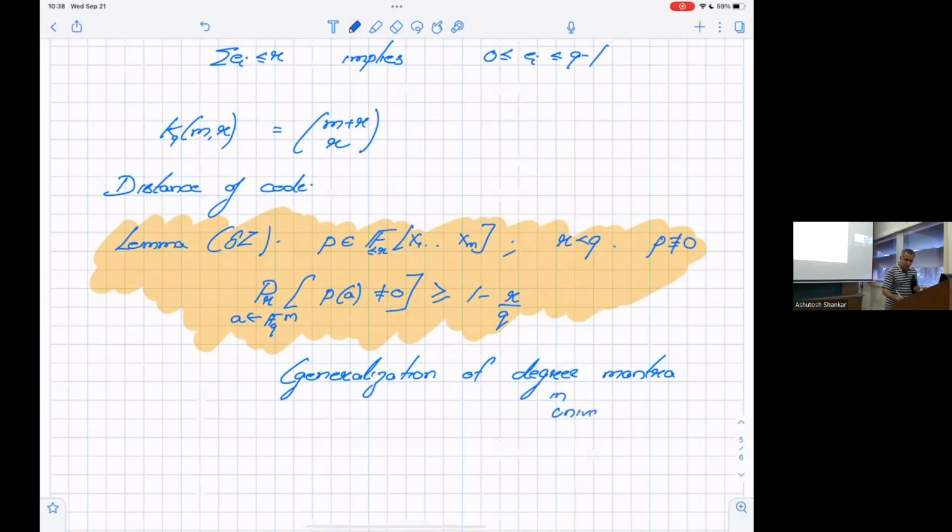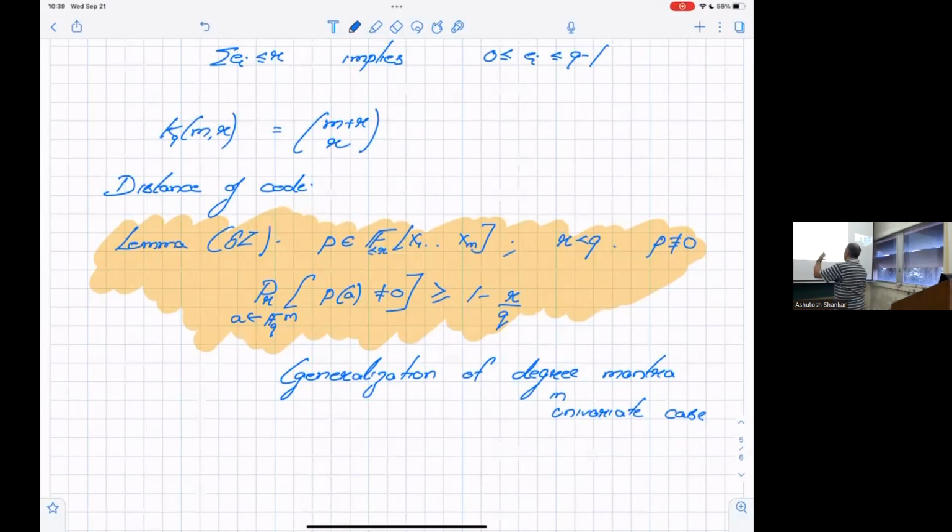The only way I know how to do this proof is a case analysis. Either the substitution makes this the identically 0 polynomial, and you appeal to something; if it doesn't, you appeal to something else, and you keep doing it.